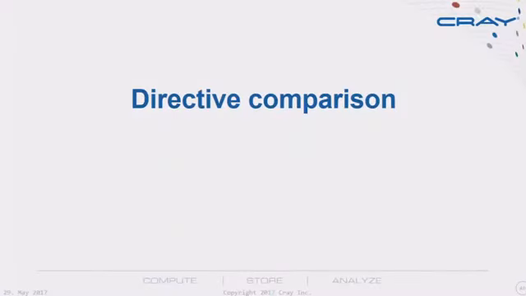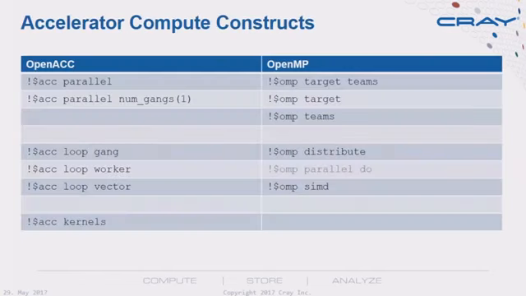Then I have a kind of directive comparison. I already did some comparison between OpenMP and OpenACC. Here I just want to give you a list where you can compare the different statements. You will also get my slides later on and can have a look at what maps to what.